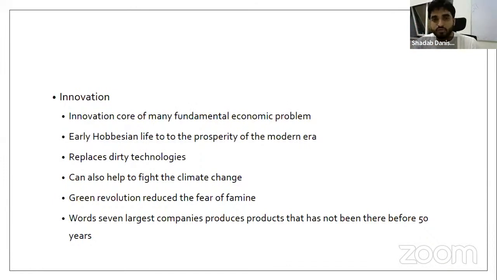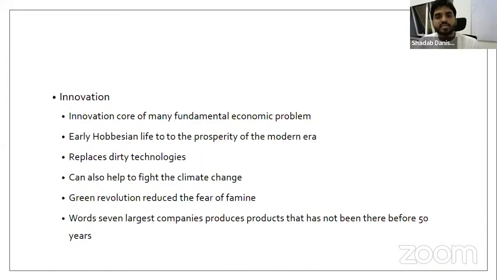Now it has changed from the Hobbesian life to the prosperity of the modern era, which innovation did. Innovation replaces dirty technology. For example, coal used to be a popular source of energy, and it has been replaced by more efficient and cleaner energy sources. Therefore the initial technology was removed and new technology has been built up.